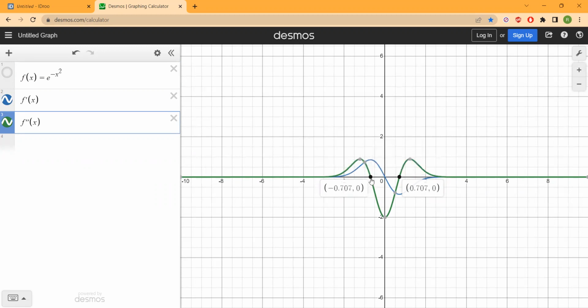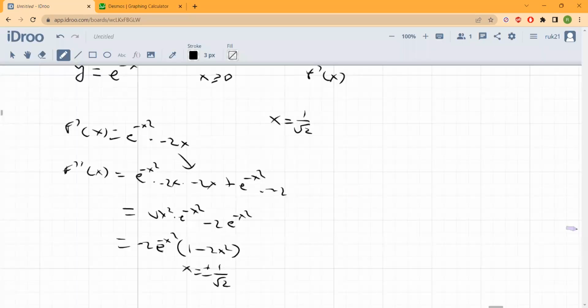Then at 0, our first derivative starts decreasing, and it's going down, down, down. And there you go, this is negative 1 over root 2, which is what we got. So we see that at this point exactly is when our function starts decreasing. And hopefully that made it more clear.